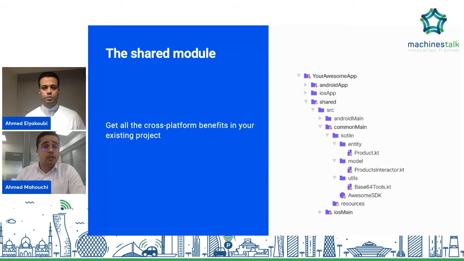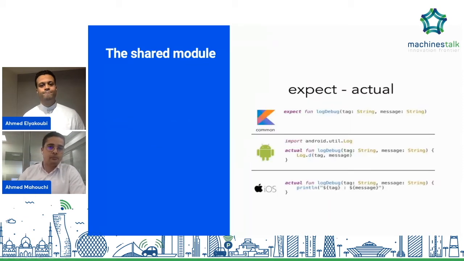The other components of a KMM project are an Android application, a Kotlin module that builds into an Android application and uses Gradle as a build system, and an iOS app, which is an Xcode project that is built into an iOS application.